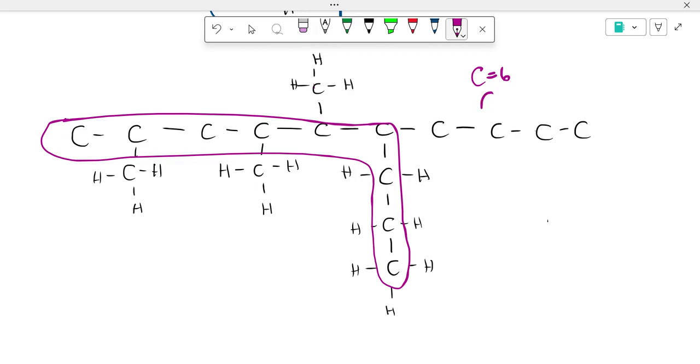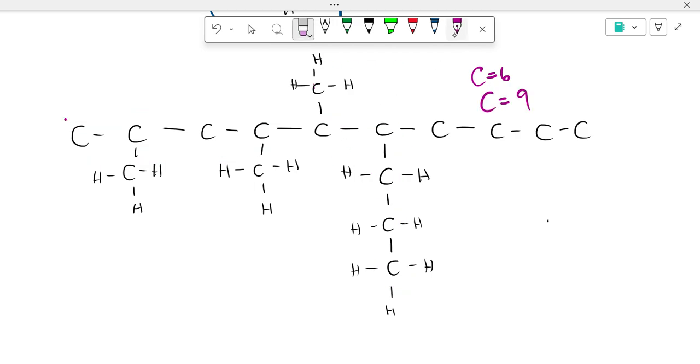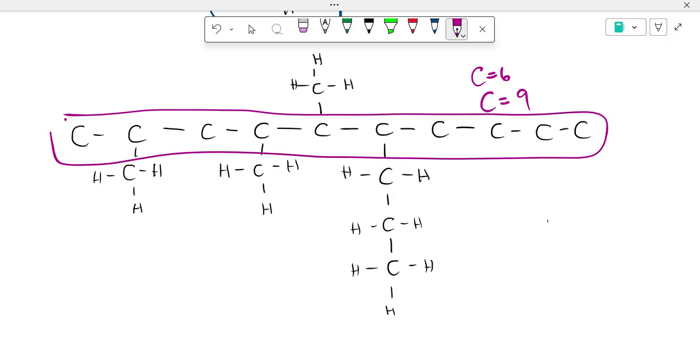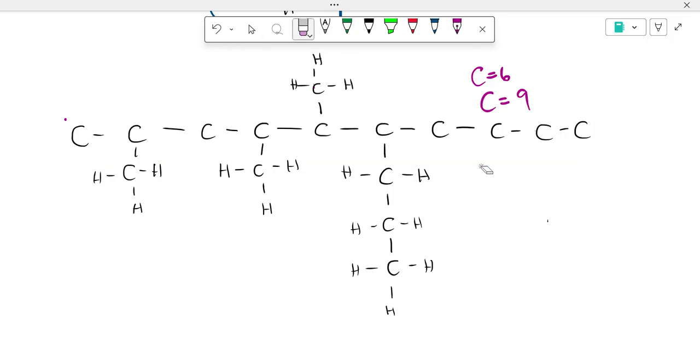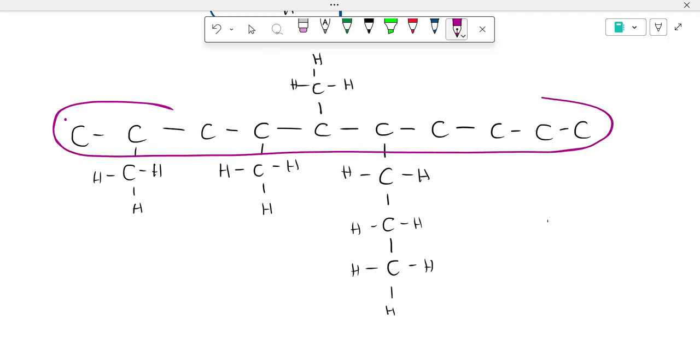So we have 9 carbons. That could be our longest carbon chain. And then we have this one here: 1, 2, 3, 4, 5, 6, 7, 8, 9, 10. So that one will win the prize and will be considered our longest continuous chain.